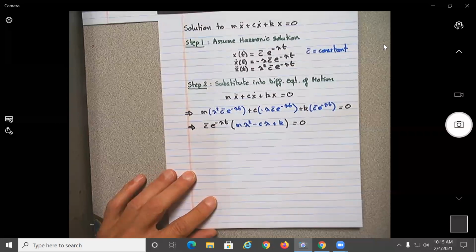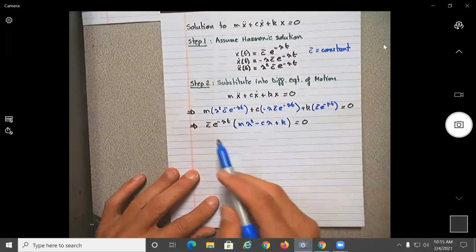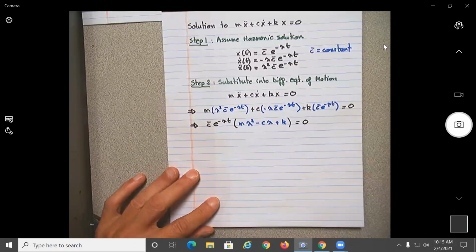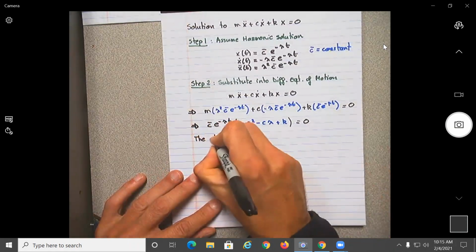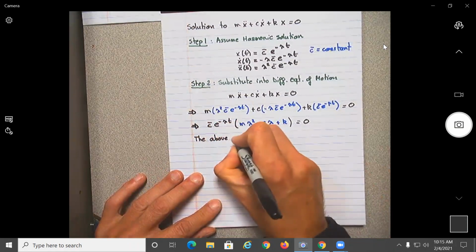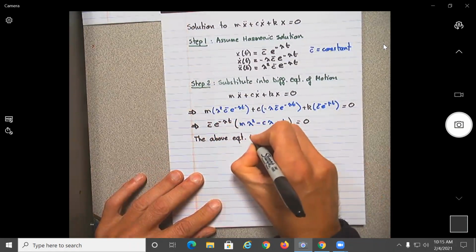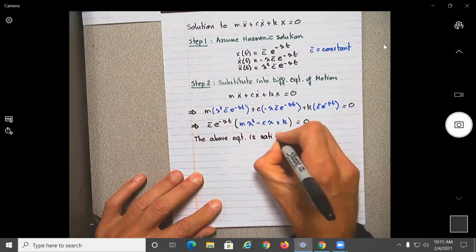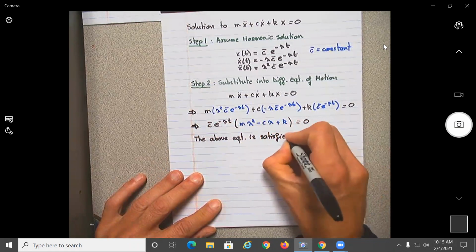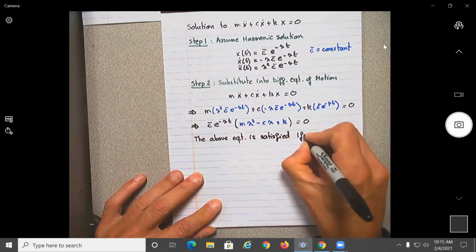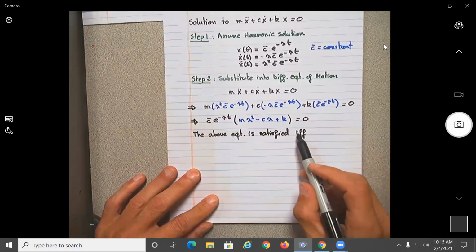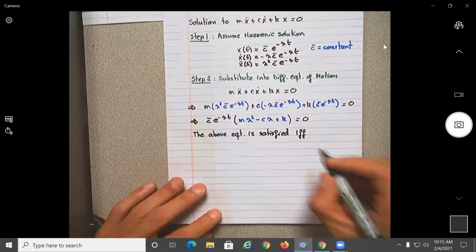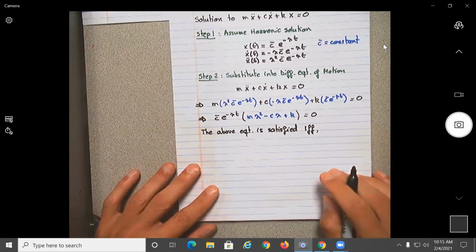All right, so as before, now we need to see when this equation is satisfied. So the above equation is satisfied, and here I write iff, which means if and only if, as I did on the previous notes. So what would be the two cases?